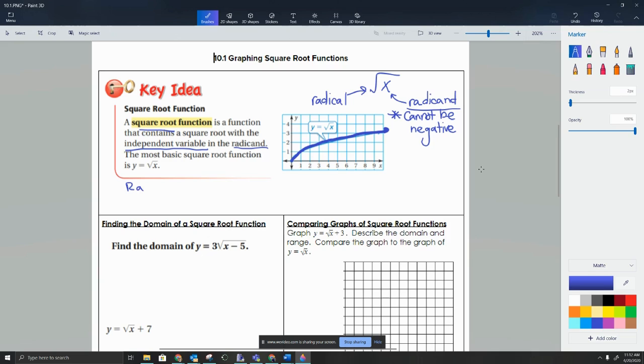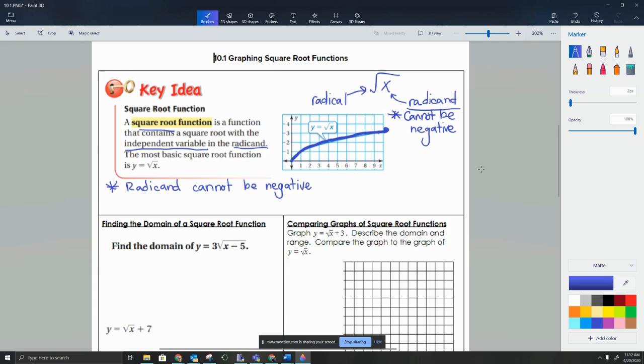That's important to know. Let's write this right here: radicand cannot be negative. The reason for that is if you try to square root a negative number, you wind up getting an imaginary number because it's not real. You'll learn about that in Algebra 2 when you're sophomores.